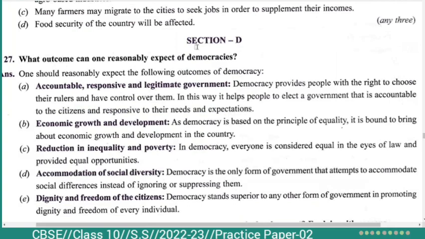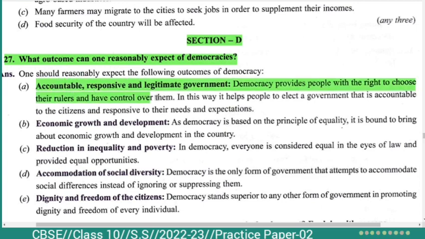Now section D, question number 27. What outcome can one reasonably expect of democracies? Answer, one should reasonably expect the following outcomes of democracy. That is, accountable, responsive and legitimate government.